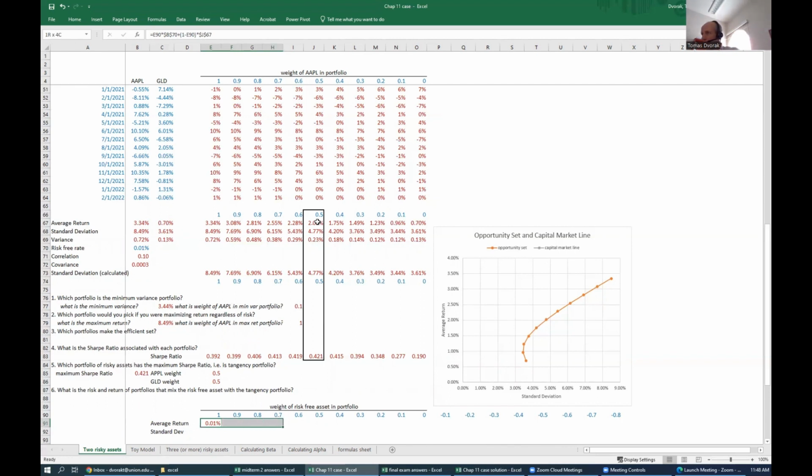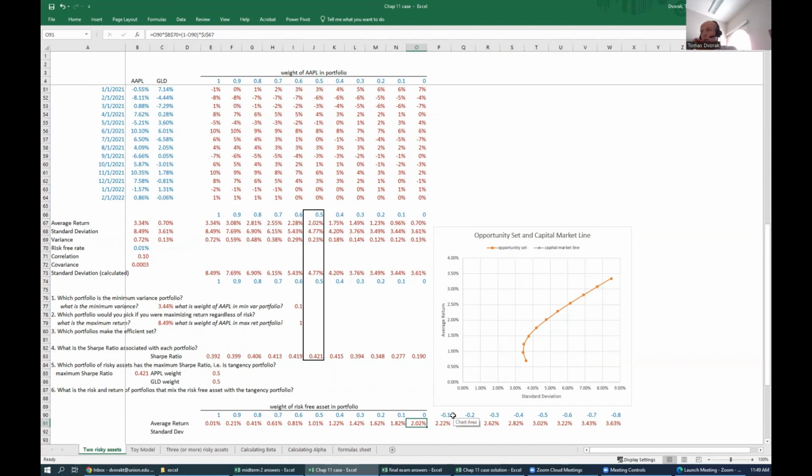If we change how much Apple we add, the average return, of course, changes. Namely, if we have 0% of risk-free asset and 100% of the tangency portfolio, the average return is 2.02, which is the return on the tangency portfolio.